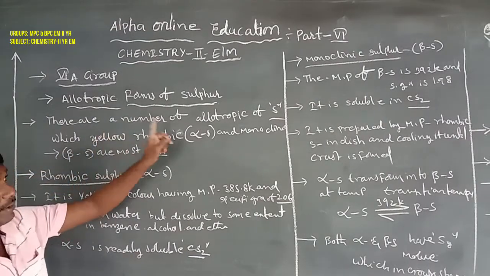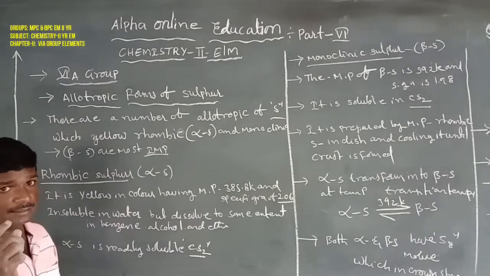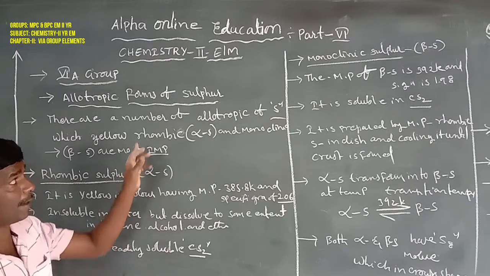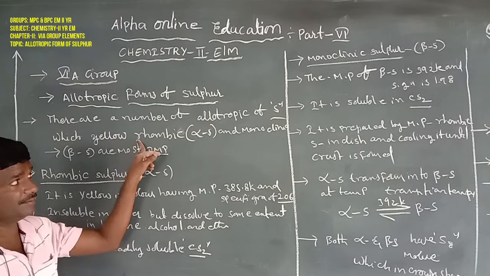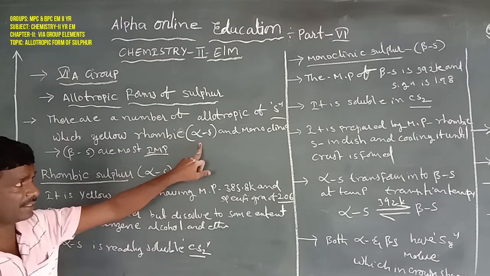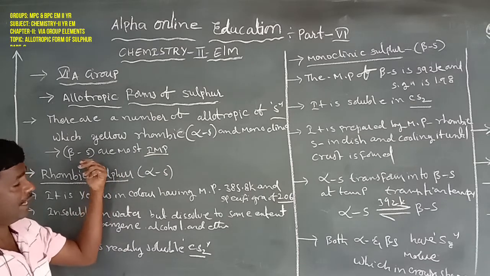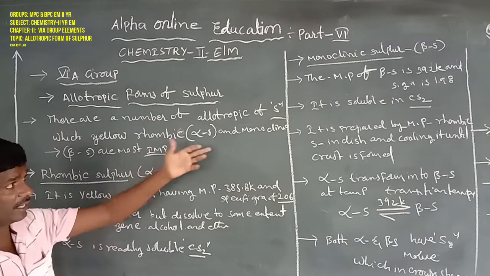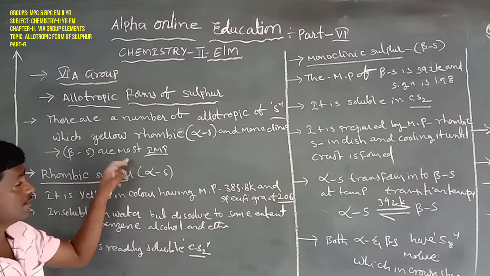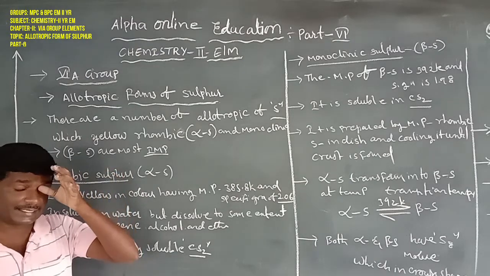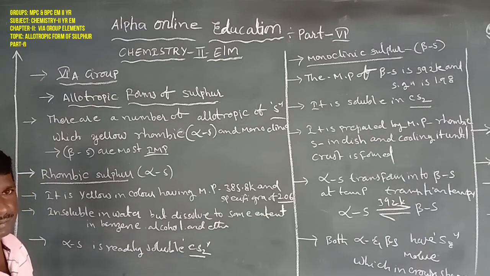There are many allotropic forms of sulfur: yellow rhombic sulfur, also known as alpha sulfur, and monoclinic sulfur, also called beta sulfur. Next is gamma sulfur, then black lead sulfur, and then yellow sulfurs. These are the different allotropic forms of sulfur.